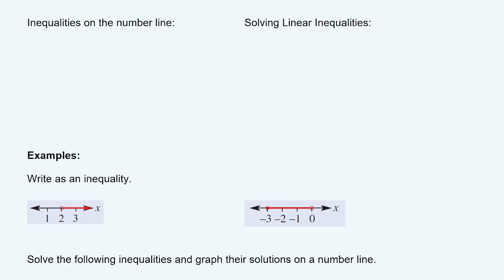If it's just less than or greater than, we use an open circle, because the end point is not included.